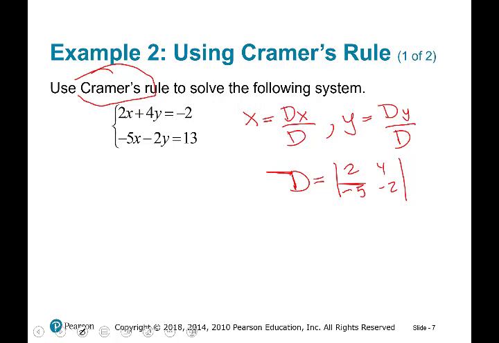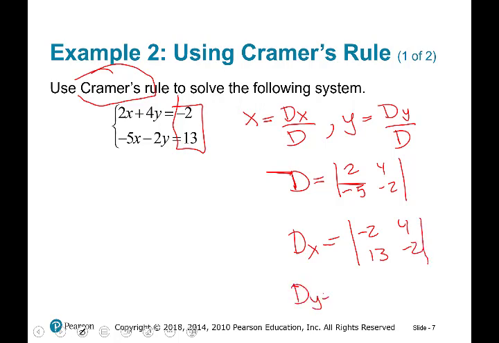And then the determinant of x is pretty much the same. The only thing is that you take the right-hand side values and place them in the x column, and the other two stay the same. And the determinant of y will be 2 and minus 5, and in the y you place the right-hand side values. This doesn't go there.